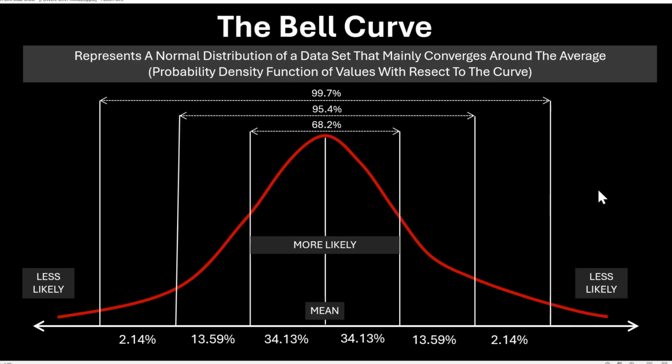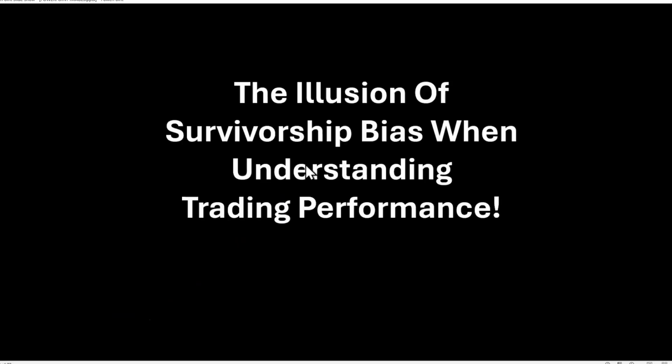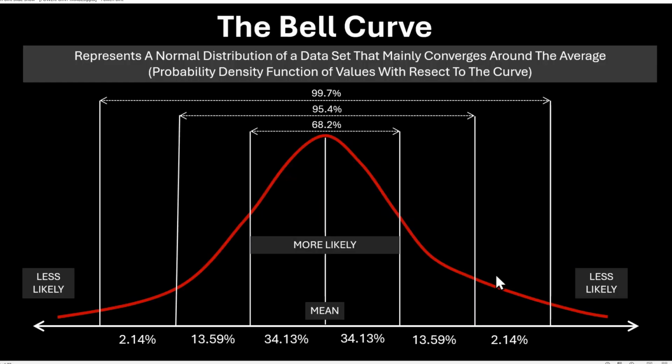So when you're trying to determine whether a trader has exceptional trading performance in terms of their ROI, you have to be very careful, because it could be just a matter of coincidence that they just so happen to experience a period of more than average profitable trades. They were over trading, let's assume that's the case, and therefore they are now finding themselves in this area of the bell curve. You see that?